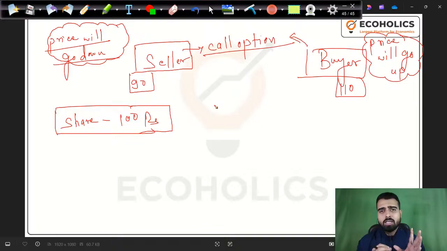For any reason, you can say this buyer does not have a sufficient amount at this point of time. In future he will have 100 rupees. That time he can buy the share at 100, but the buyer has an apprehension that this share will go to 110. Now the buyer will think, let's do one thing.